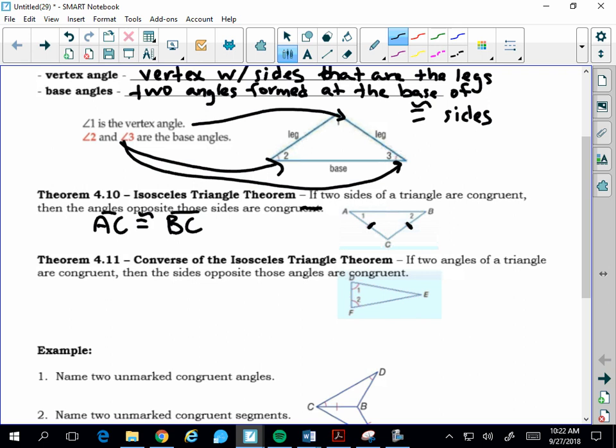What that tells me is the angle across from AC, which in this case is angle 2, is congruent to the angle across from the other one, which in this case is angle 1. So what that basically means is your base angles in your isosceles triangle are going to be equal. And we're going to use that in a couple different ways that you'll see coming up.